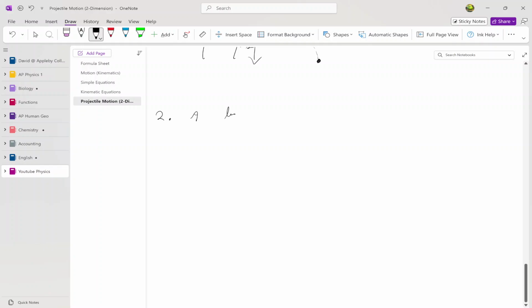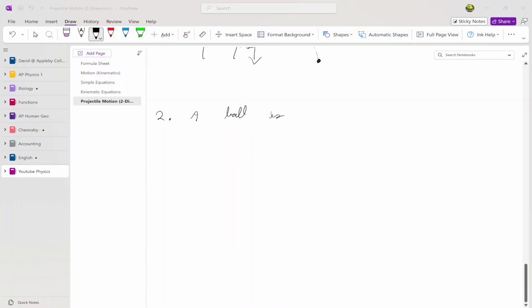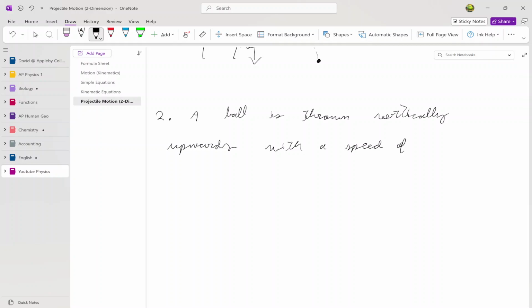But let's say a ball is thrown vertically, so that means vertically upwards, with a speed of, I don't want to make it too easy, so let's go 50 meters per second. Okay, so A and B.